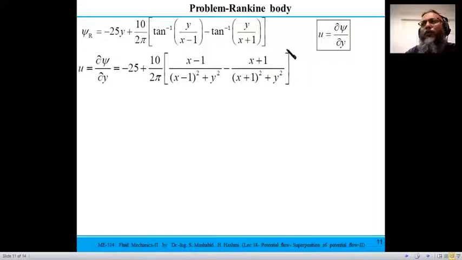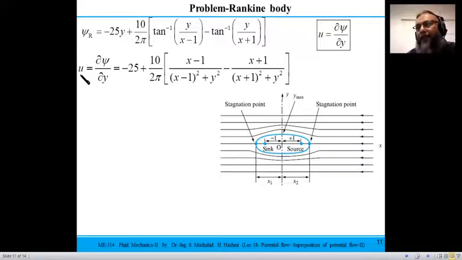I'm not going into the derivative part. You know, the derivative of tangent inverse of x is 1 over 1 plus x squared, so the same formula you apply, and you end up with this derivative. So that would be the velocity component in x direction.